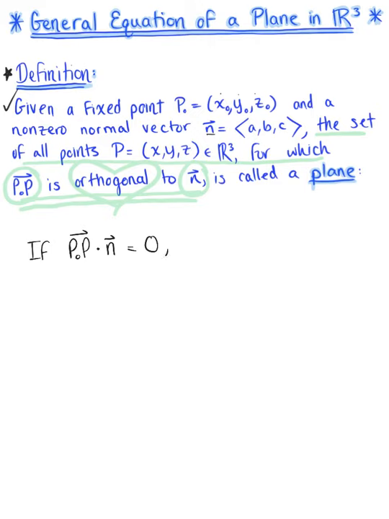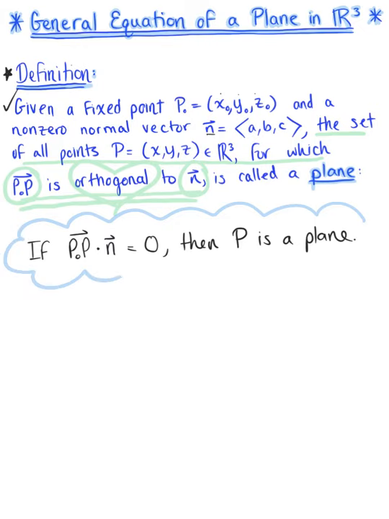So if this is true, then the set of all ordered triplets P defines a plane in space. So we're going to use this statement, this dot product of the two vectors, to help us establish the general equation for the plane.